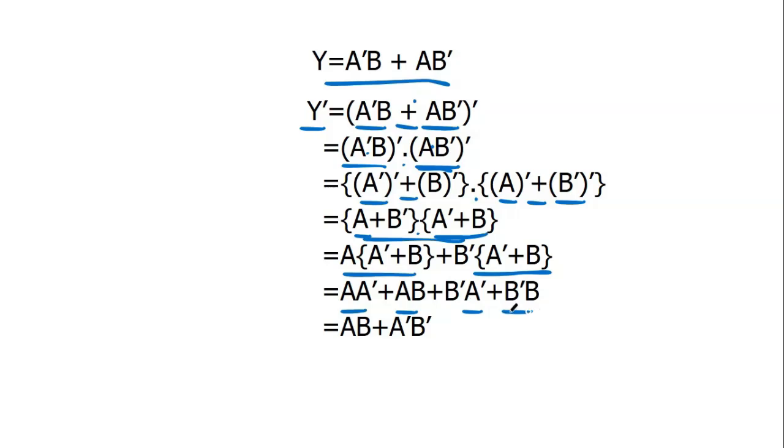By Boolean algebra, A A complement is 0 and B complement B is 0. Hence we get AB plus B complement A complement. And since logical AND operation is commutative, you can write this term B complement A complement as A complement B complement. And hence finally you get Y complement as AB plus A complement B complement.